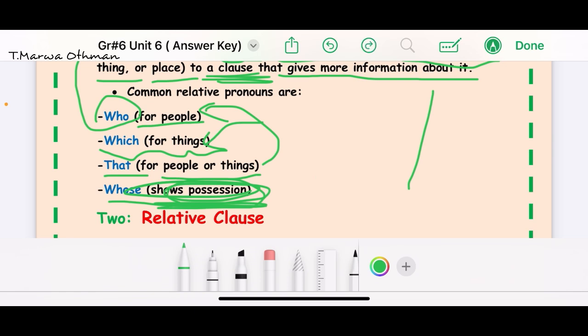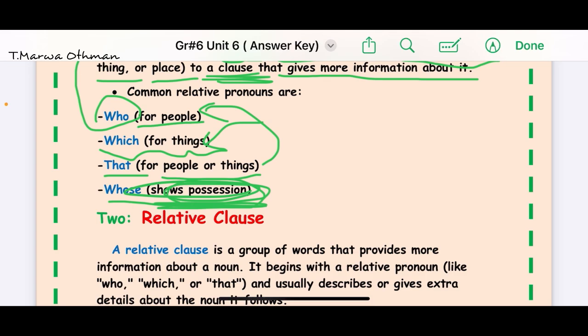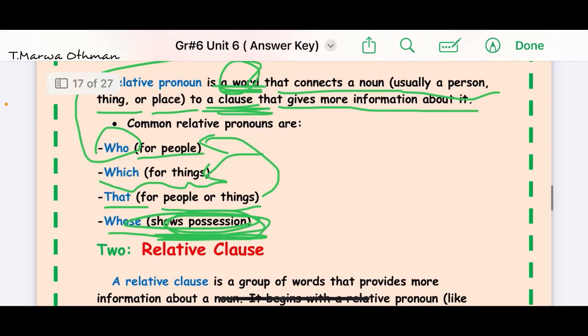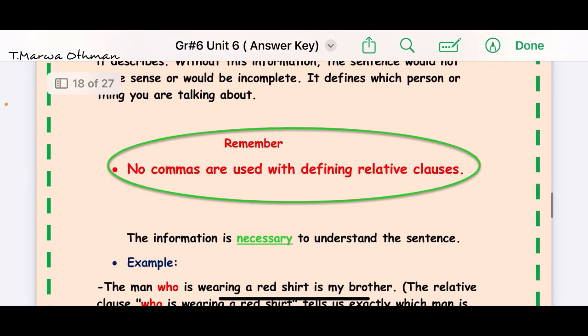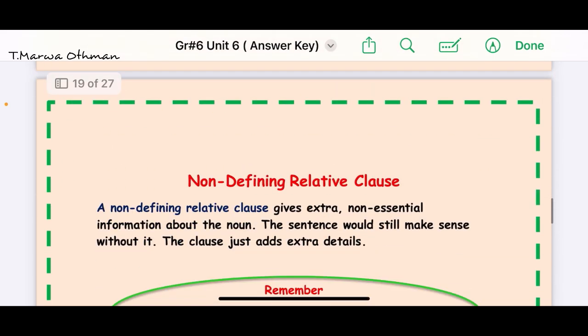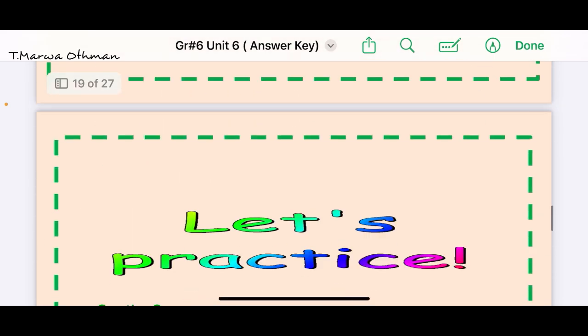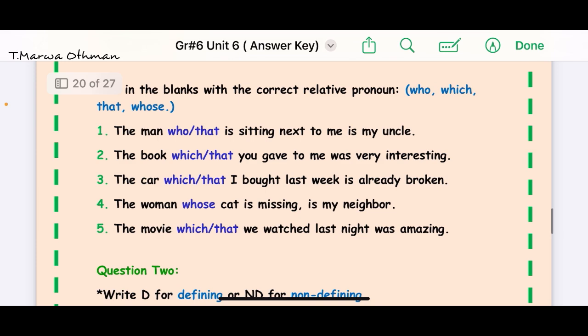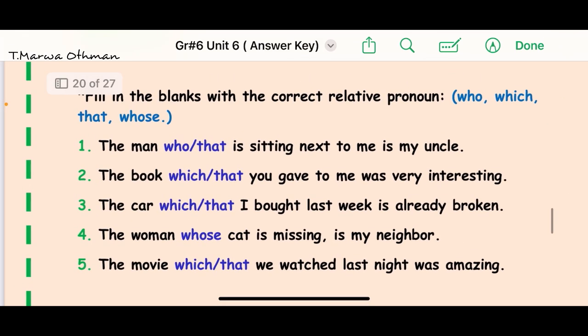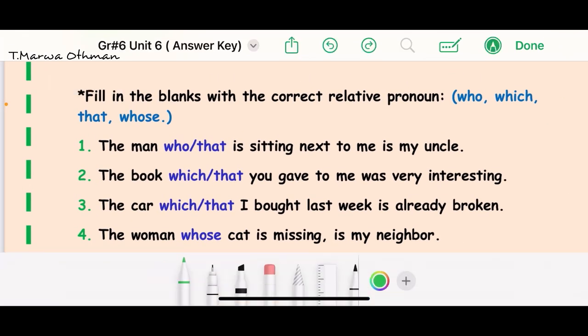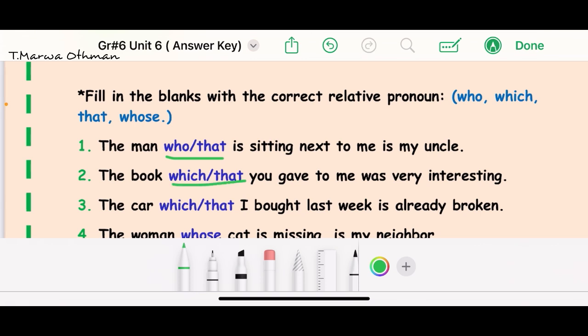Okay, let's see. Look at the sentence here. We have examples here. Okay, the man who, because look before the blank. Here's the blank. Look before the blank here.